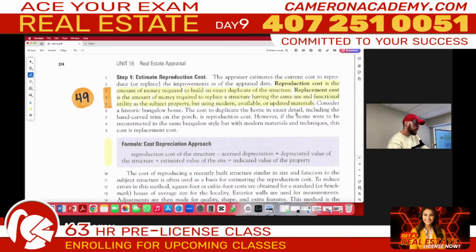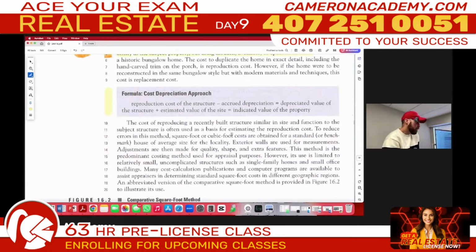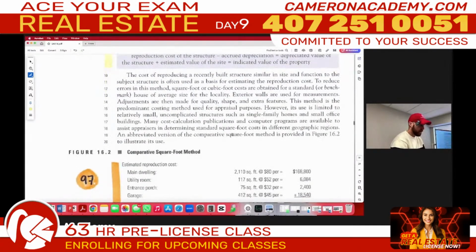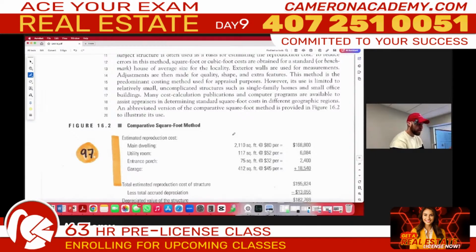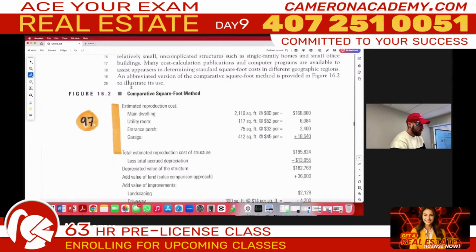So reproduction cost is the cost to reproduce a structure as if it's brand new using the same exact materials. Replacement cost, the difference is you're using modern, available, and updated materials. And we want to be as accurate as possible, so we'll stick with reproduction cost. In figure 16.2, a portion of this is what you might be tested on for your class exam. One of your last 10 questions, which is math.